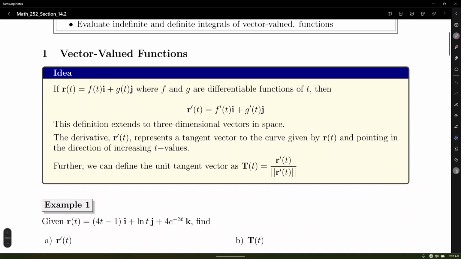All right, a little bit of notation just to put together this calculus with the context of a vector-valued function.